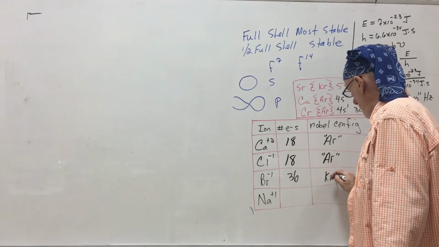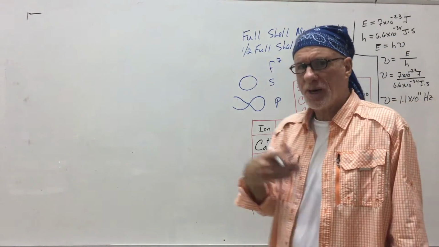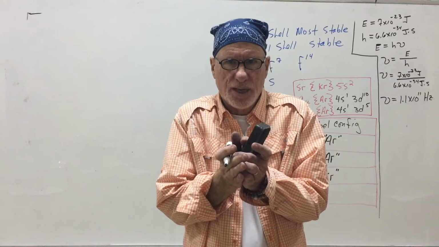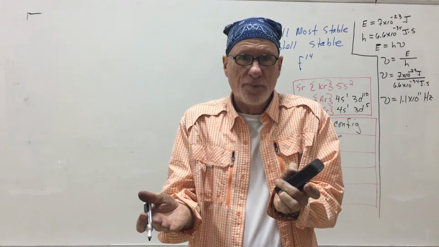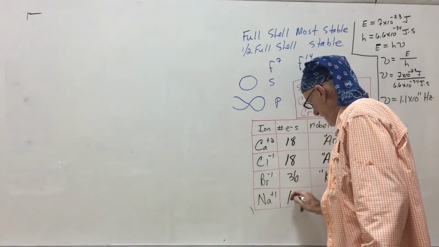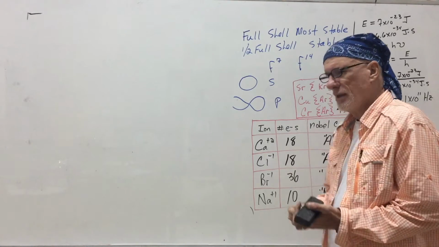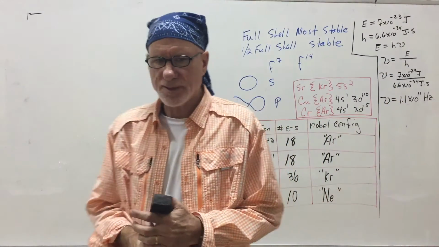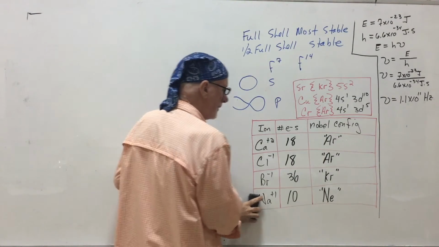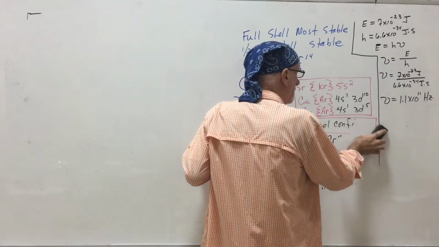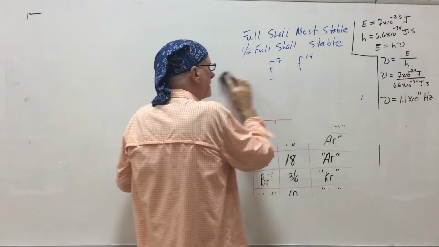And then sodium has 11 protons, 11 electrons, but it's going to give up an electron to be like neon. So it'll have 10 electrons, and it'll be like neon. It won't be neon, obviously. Okay? So let's get rid of that. Easy? We'll get rid of this.